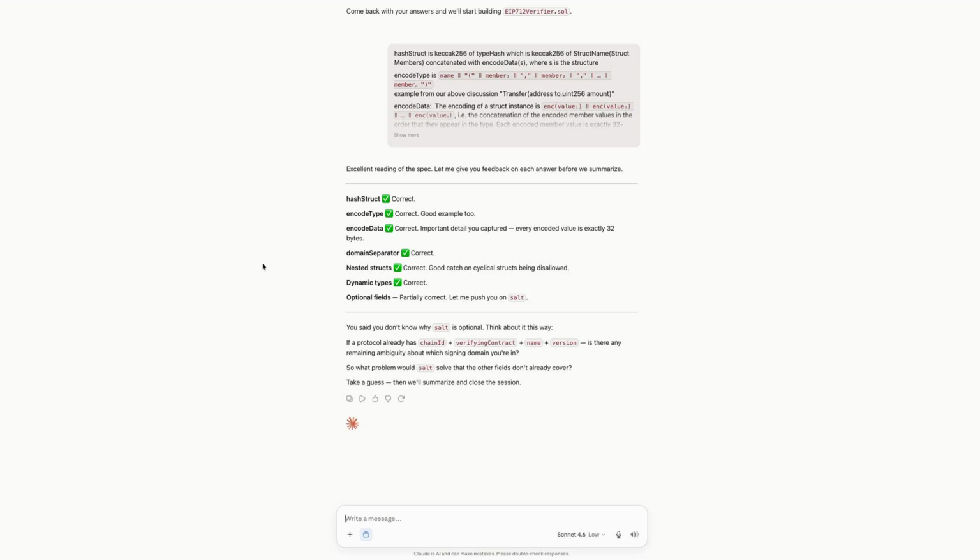If a protocol already has chain ID, verifying contract, name and version, is there any remaining ambiguity about which signing domain you are in?